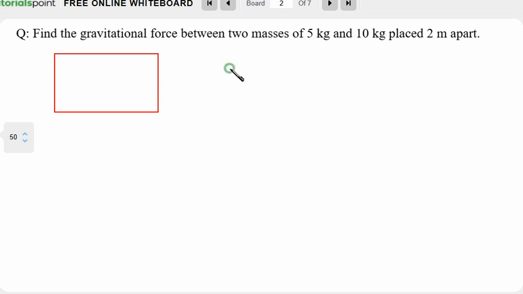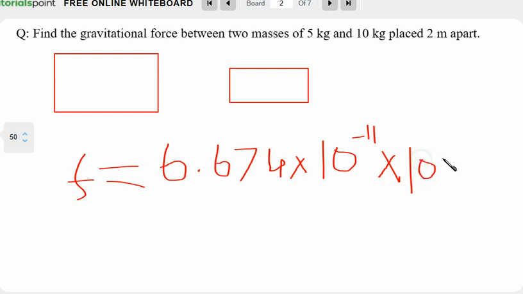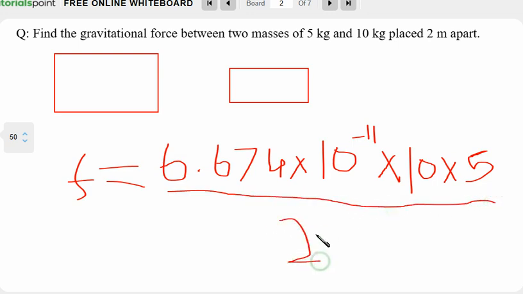If we take two blocks, this one 10 kg and this one 5 kg, then the force equals 6.674, the universal constant of gravitation, 10 to the power minus 11, into the mass of the biggest one, 10 kg, into the mass of the 5 kg one, divided by the square of the radius between them, the distance, so 2 square.